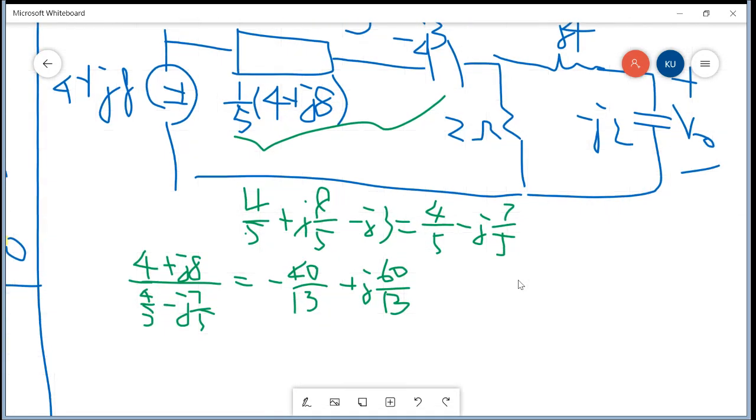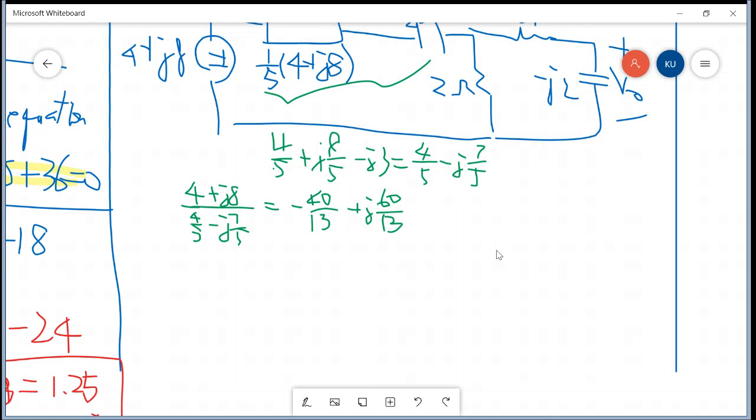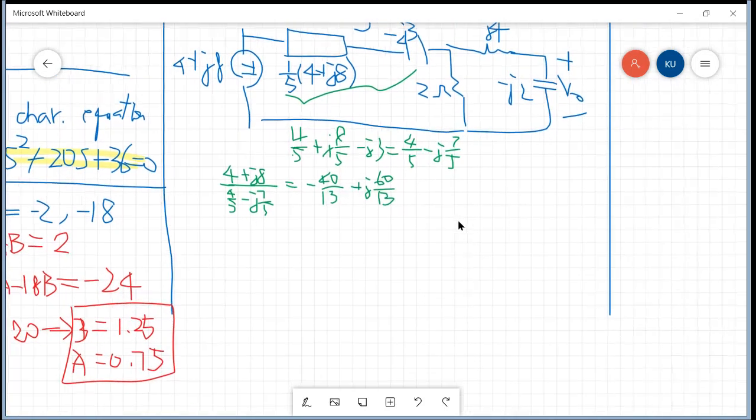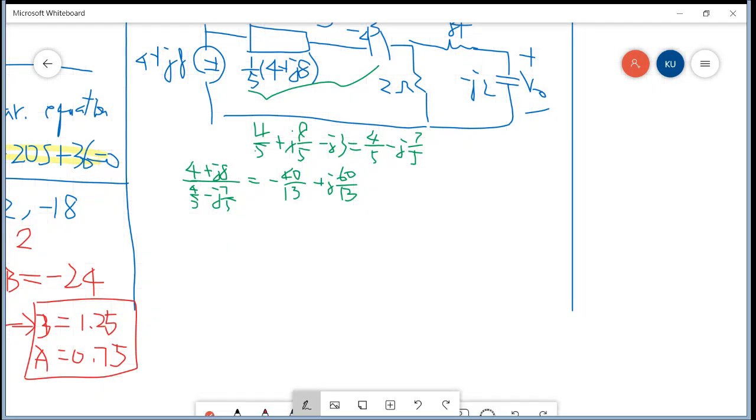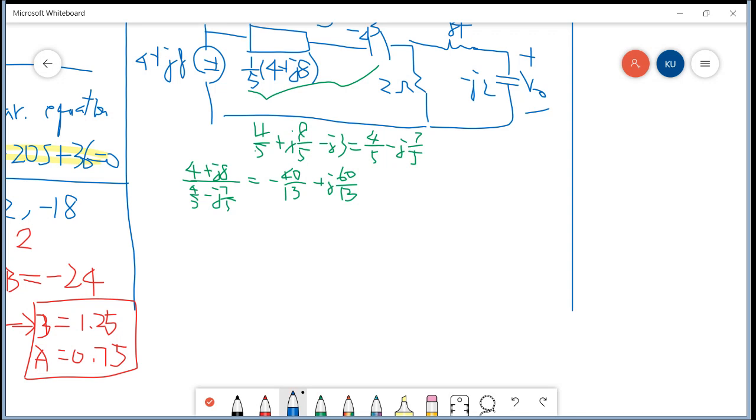So in this case, we can actually convert this part into, so this is definite, and then we convert it to Norton.